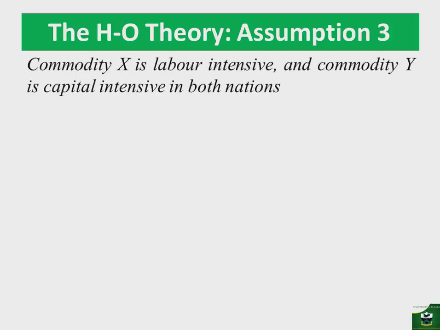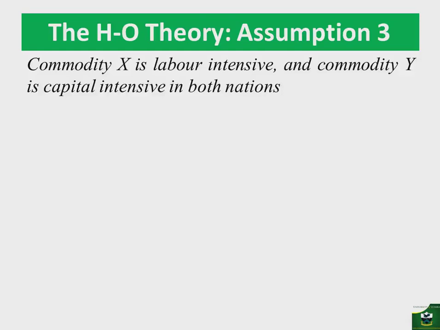The third assumption that we make is that commodity X is labor intensive while commodity Y is capital intensive in both nations. This means that when you are in nation 1, X is labor intensive and Y is capital intensive.